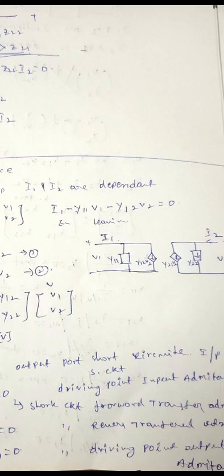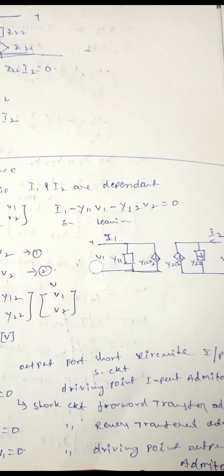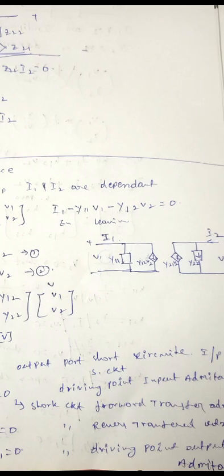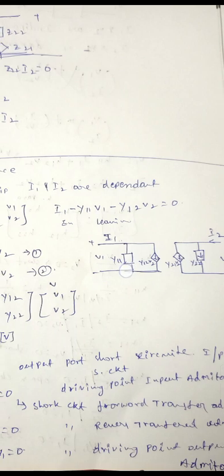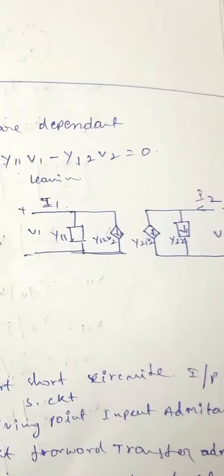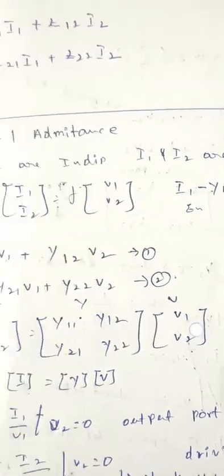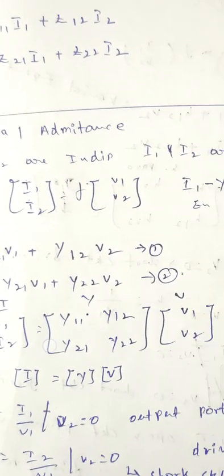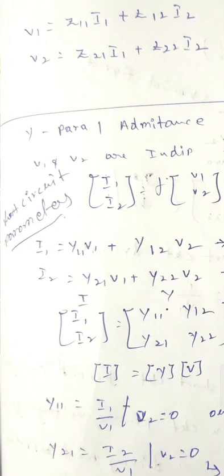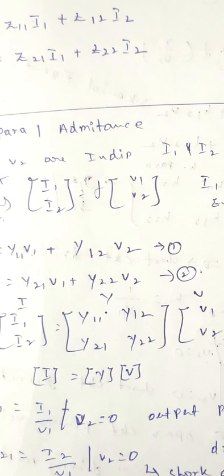Here V1 is placed between the two terminals, and I1 is the current, which depends upon the y11 admittance parameter and upon y12 into V2. Now coming to the second KVL equation, I2 minus y21 V1 minus y22 V2.